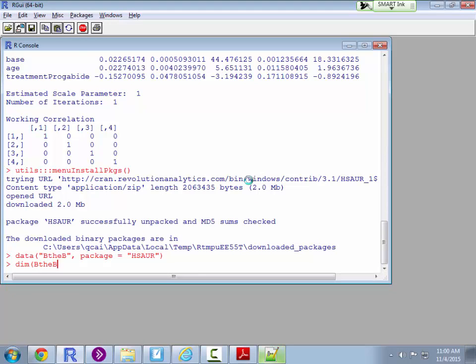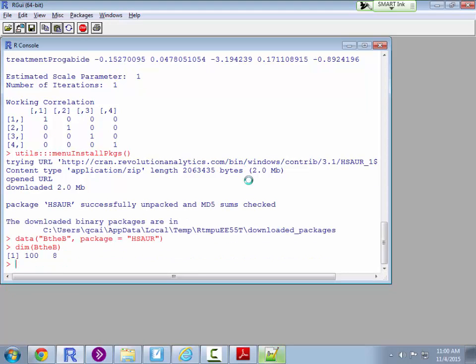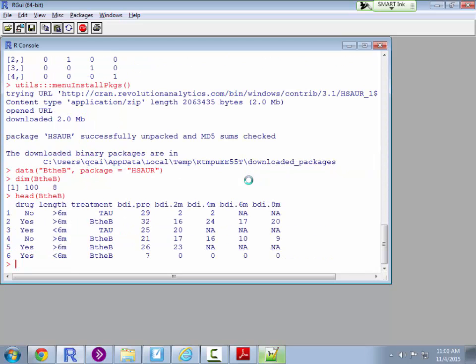Beat the Blues, 100 by 8. And here's what the data looks like. I don't have details on these variables. They're in the book, I think.